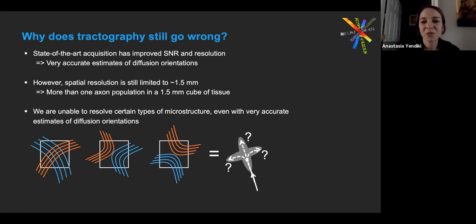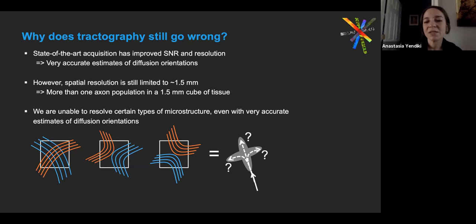So even if we had continuous space, infinite SNR data, this problem would persist. And this has to do with the fact that when we reduce the data to an orientation distribution function, we have discarded some of the information that would presumably allow us to distinguish between these fiber configurations.